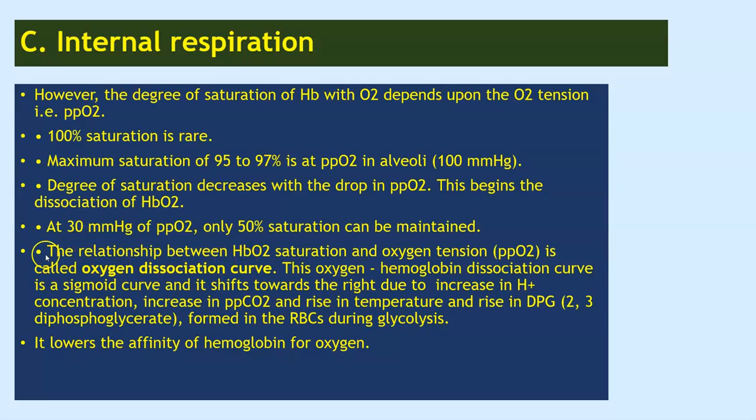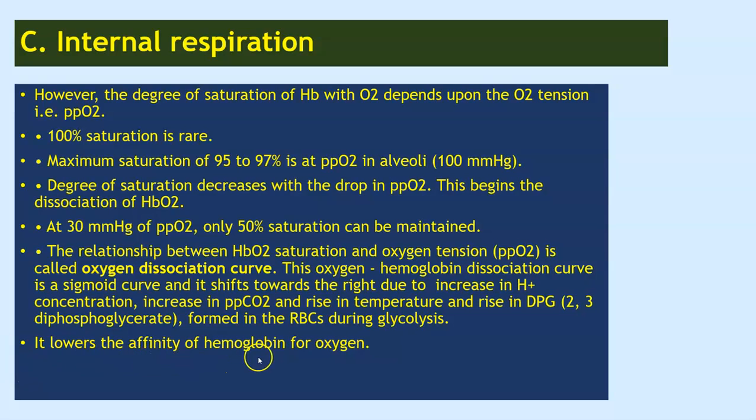The relationship between oxyhemoglobin saturation and oxygen tension, ppO2, is called the oxygen dissociation curve. This oxygen hemoglobin dissociation curve is a sigmoidal curve, and it shifts towards the right due to increase in H+ concentration, increase in ppCO2, rise in temperature and rise in DPG, that is 2,3-diphosphoglycerate, which is formed in the RBCs during glycolysis.